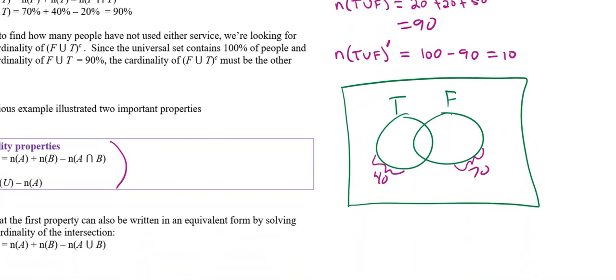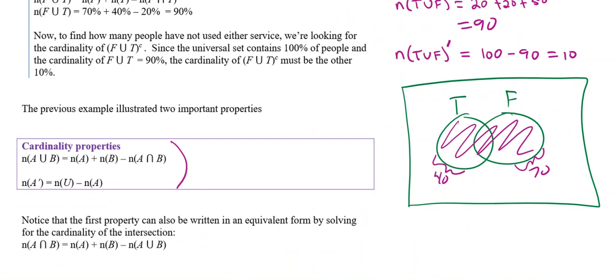All right, so now we can actually figure out what the union of those things is using this equation. This is saying the number of elements in A union B, so that's what I just drew here, the whole thing, is equal to the number of elements in just A, so that'd be 40, plus the number of elements in B, so 70, and then minus the intersection, so minus the middle.